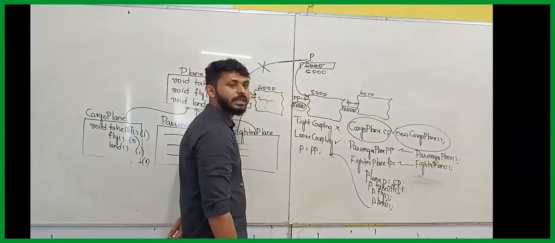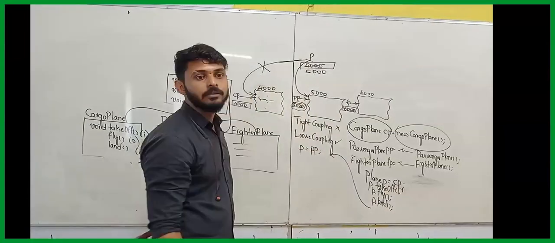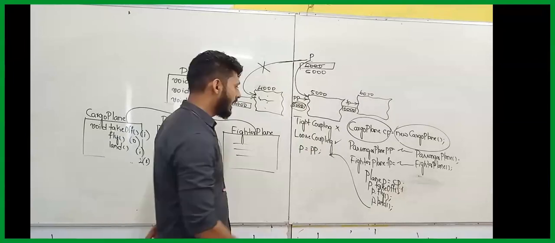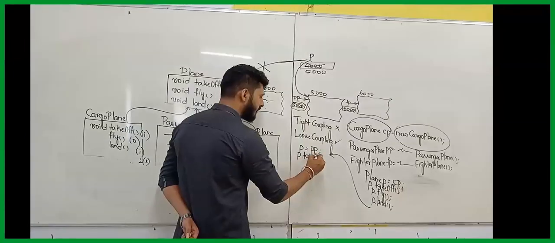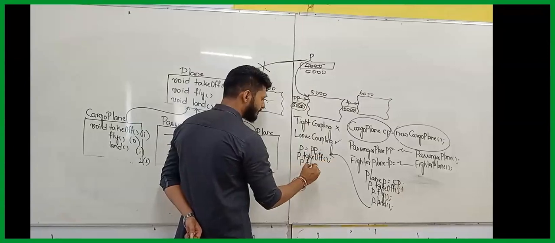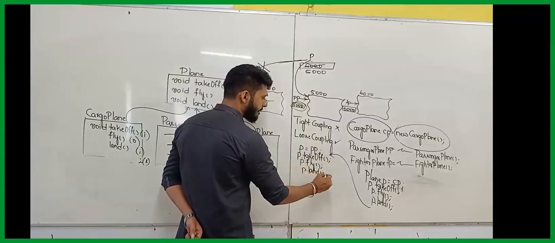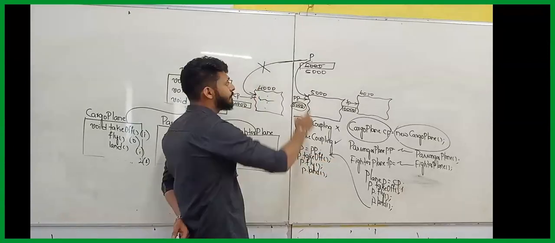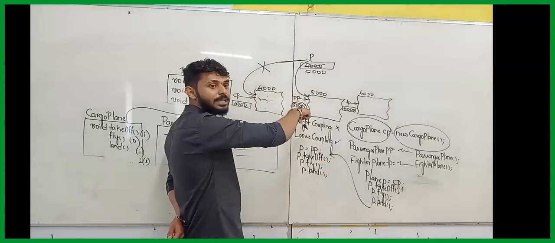Where your P is pointing, can I say P dot takeoff? Yes. P dot fly, then P dot land. Now my P is pointing to where? To the same place where your PP is pointing. Now I don't want this to point to here.